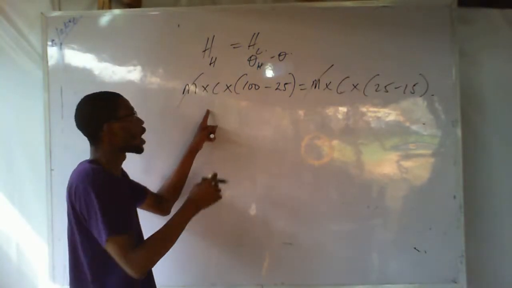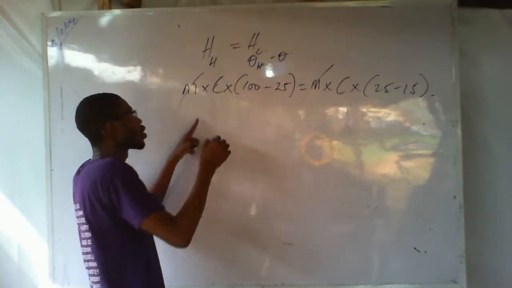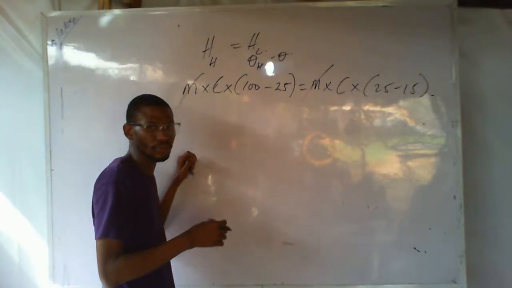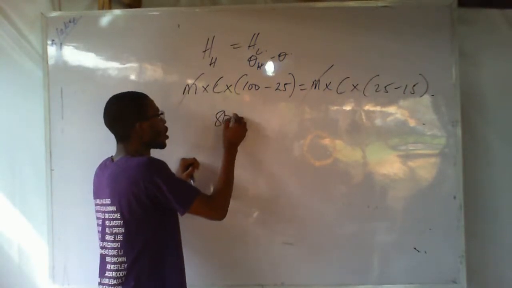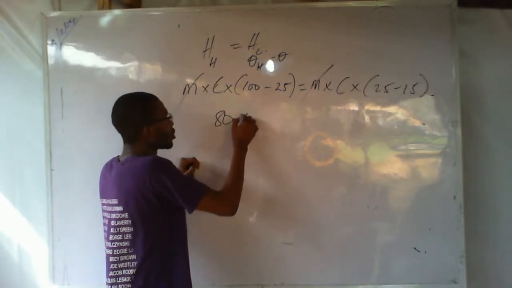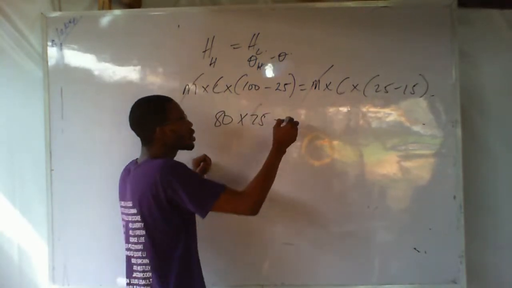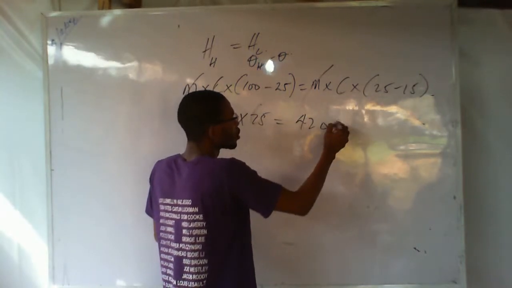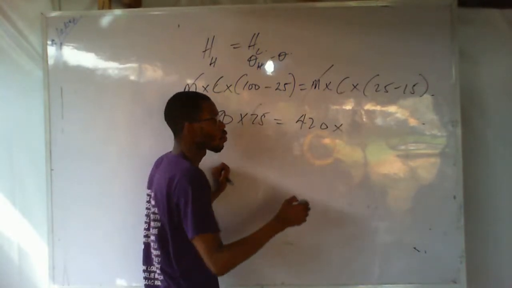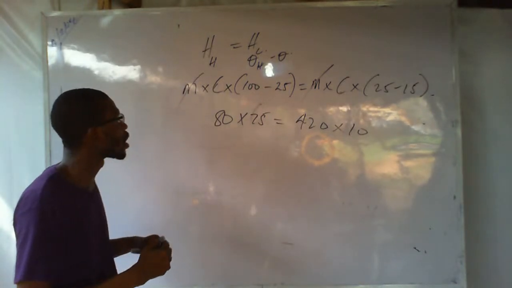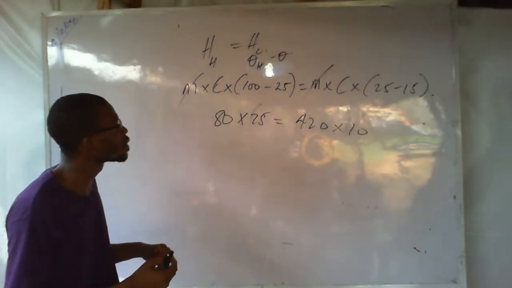So you are using this capital letter C. The first one that you are giving is what? Times 75. This one is what? Times what? What do you get? 6,000. You are going to get 6,000.